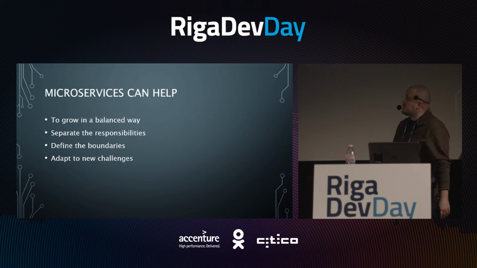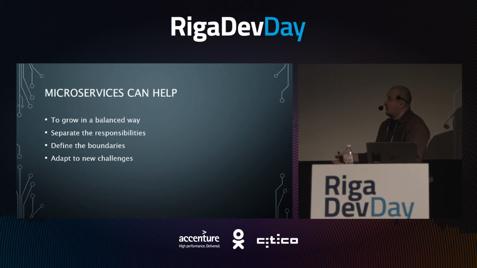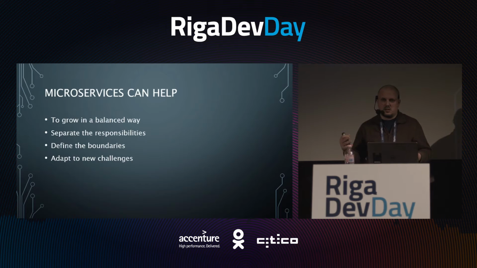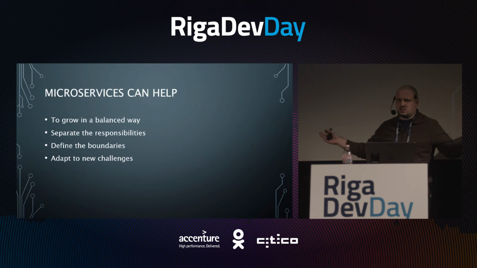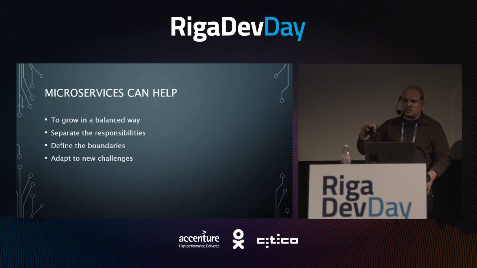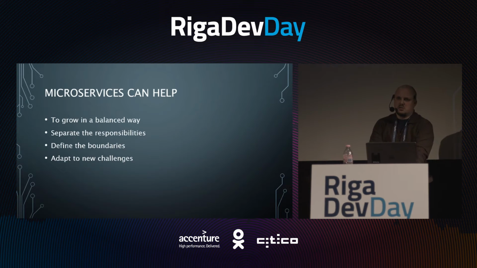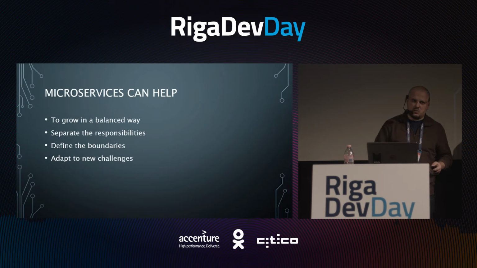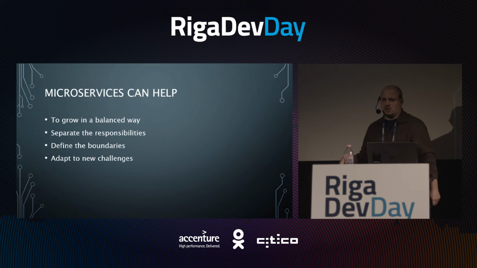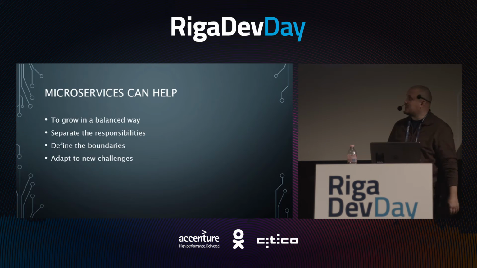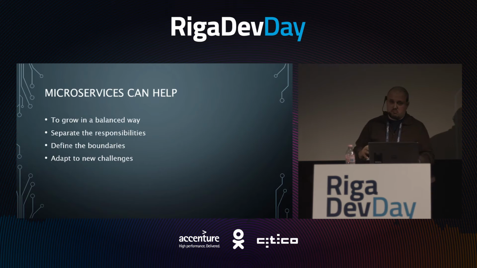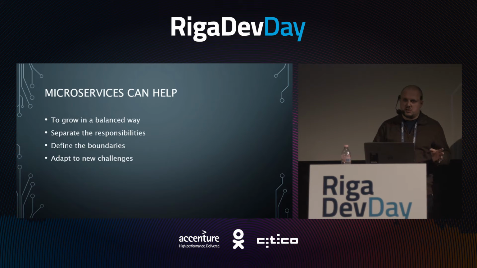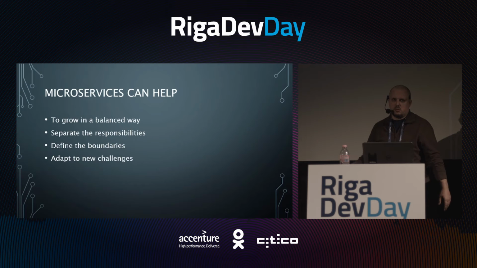So microservices, yes, the statement about microservices says that they can help you grow in a balanced way. You don't have to have this huge application, thinking about all the aspects of the architecture within one single app. You can create one microservice using Scala, another one using Groovy, another one using Ruby. Even PHP is not so bad in this case. And you naturally separate responsibilities within one monolith app.